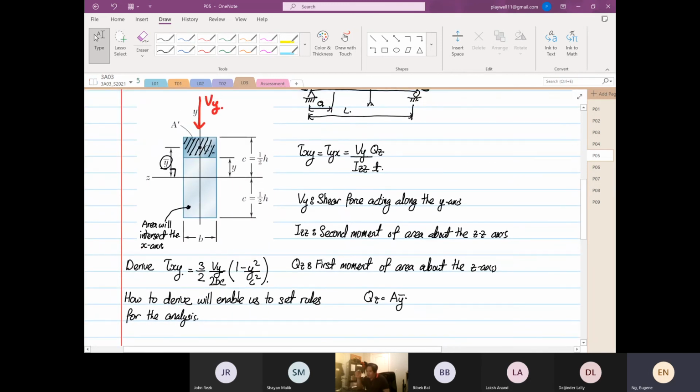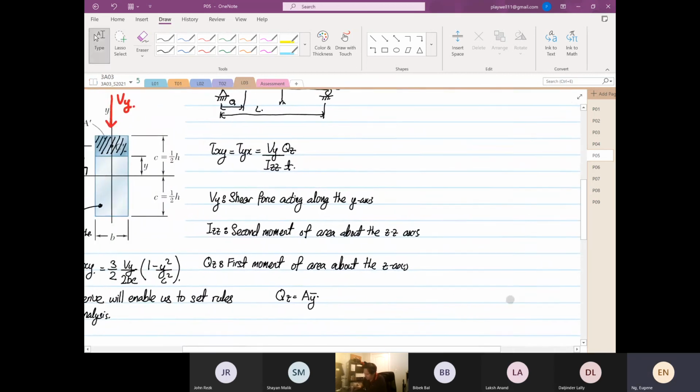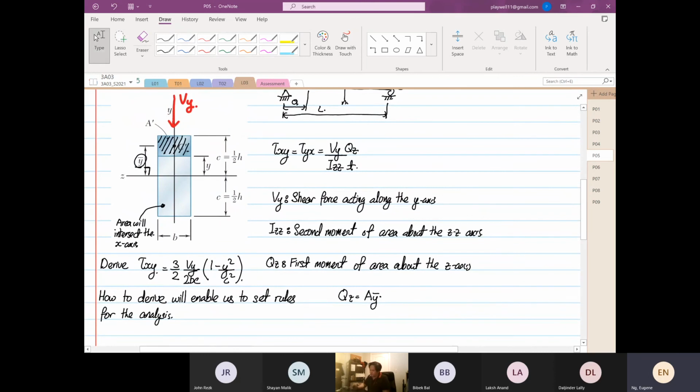Now, what if the shear force is coming about in the Z direction? Okay. So now I'm going to change, right? You guys have seen this, especially this formula. Now, this is very different from moment, right?